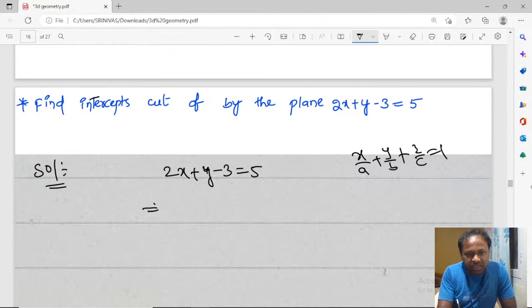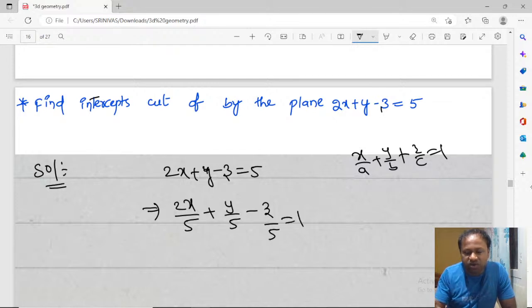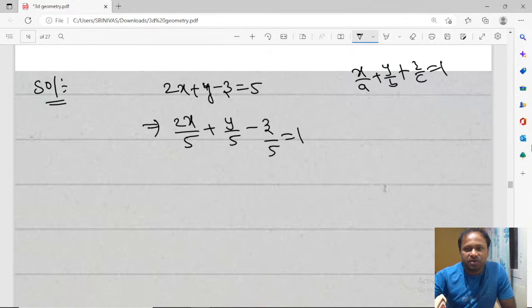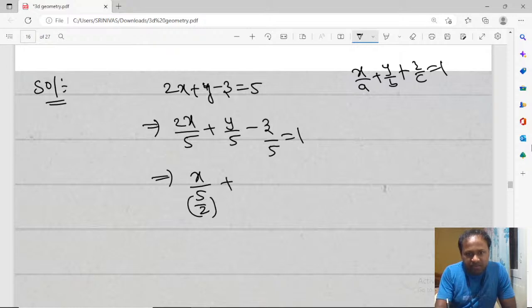So here I will write it as 2x by 5 plus y by 5 minus z by 5 is equal to 1. So again I will change this as x by 5/2 plus y by 5 plus z by minus 5 is equal to 1.